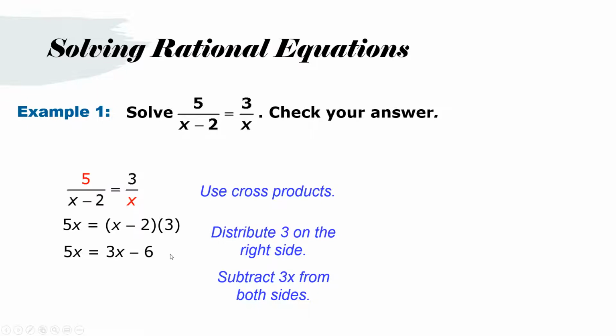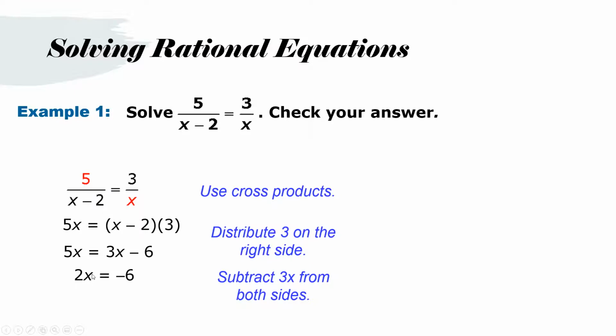That is a rule or property of an equation, that if we subtract from both sides of the equation, they still remain equal. So 5x minus 3x equals 2x. And then 3x minus 6 minus 3x, since we subtract 3x, what remains is negative 6.